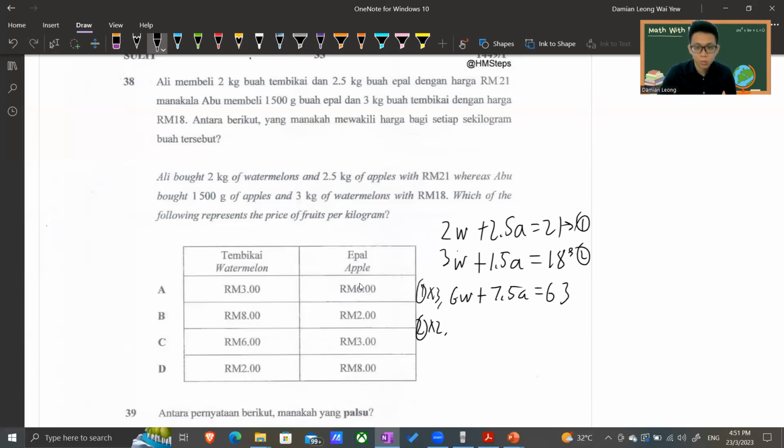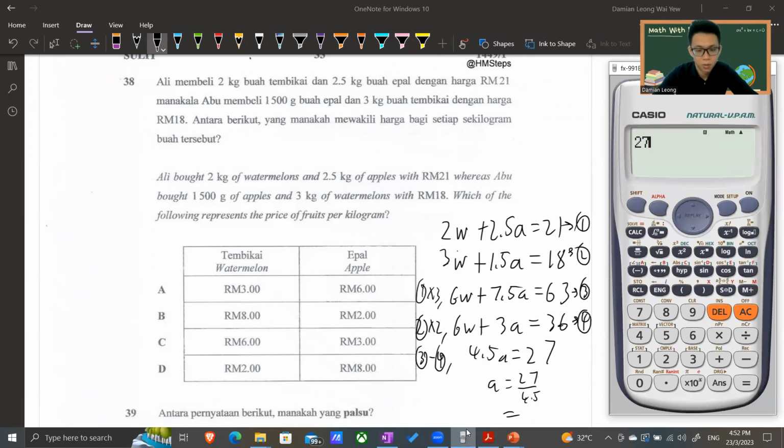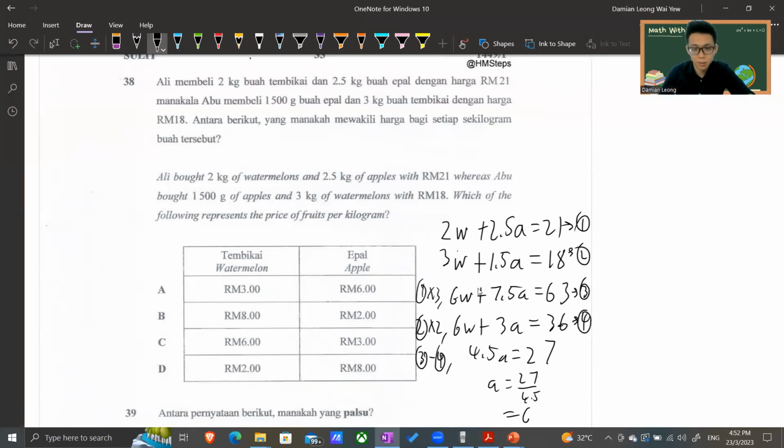Equation 2, I times 2. 6w plus 3a equals 36. Equation 3, equation 4. Then I have 6w, 6w, so I can do 3 minus 4. 7.5 minus 3 is 4.5a. 63 minus 36 is 27. a would be 27 divided by 4.5, which is 6. Apple, 6 ringgit. Definitely watermelon is 3.